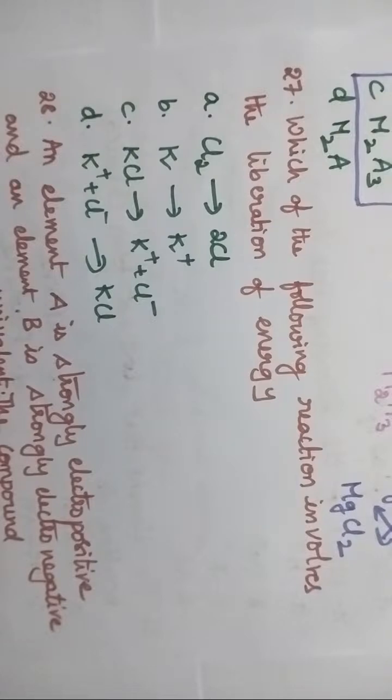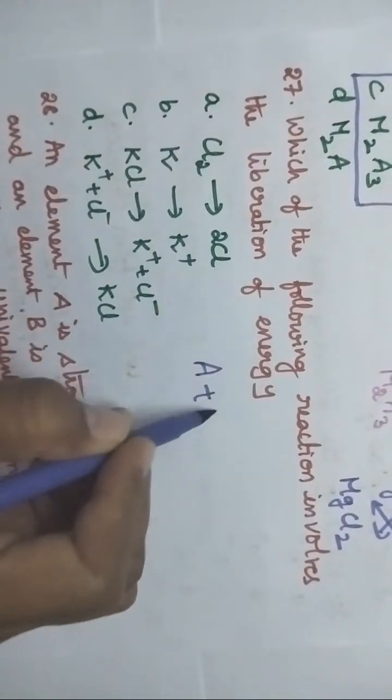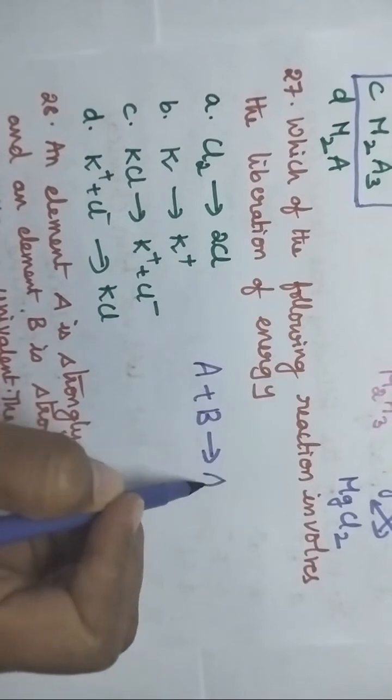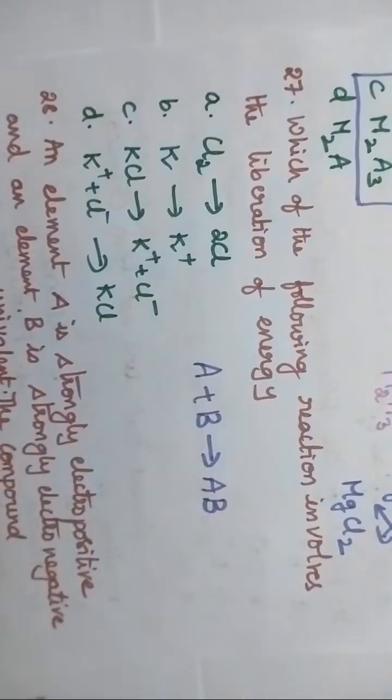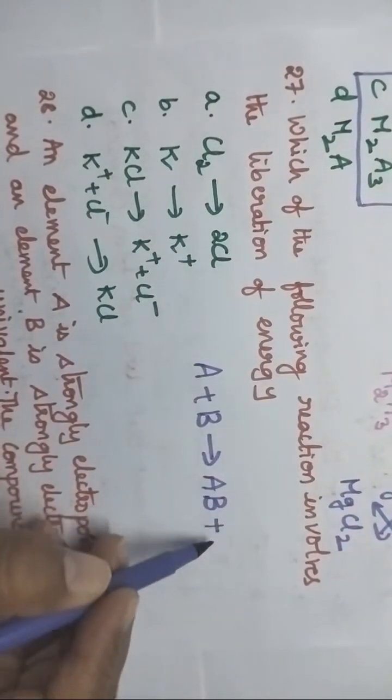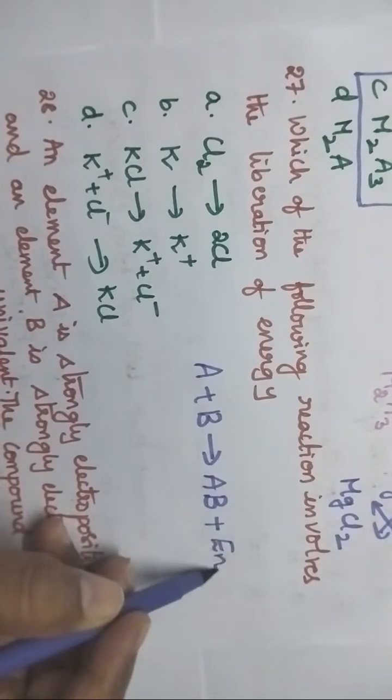You have an idea about the formation of ionic bond, covalent bonds. What do you mean by chemical bond? First of all, answer. A plus B results in the formation of a molecule with the liberation of energy.